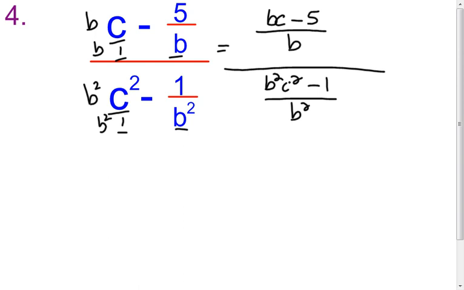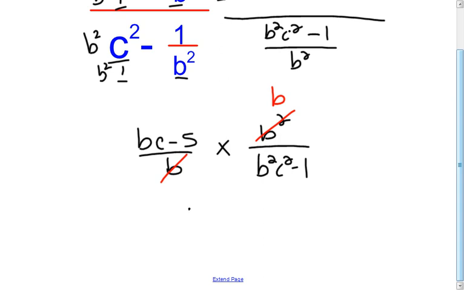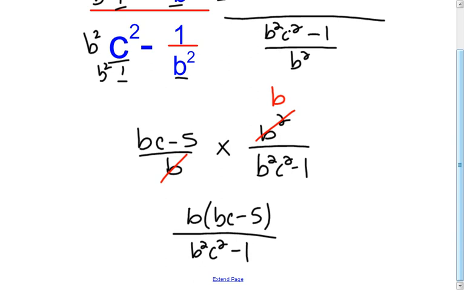Okay, and again, you will rewrite that as the top fraction, and instead of dividing by the bottom fraction, you can multiply by the reciprocal. Okay, and of course this b will cancel out with one of those and make that be that. And then you will have b times bc minus 5 over b squared c squared minus 1. And that is about all you can do.